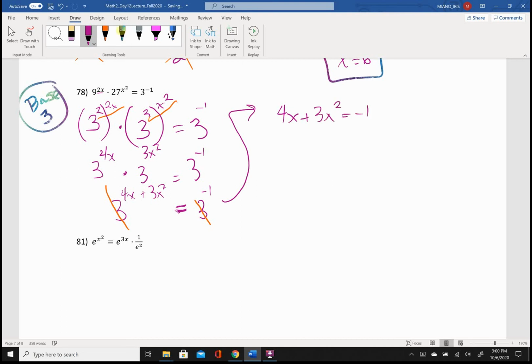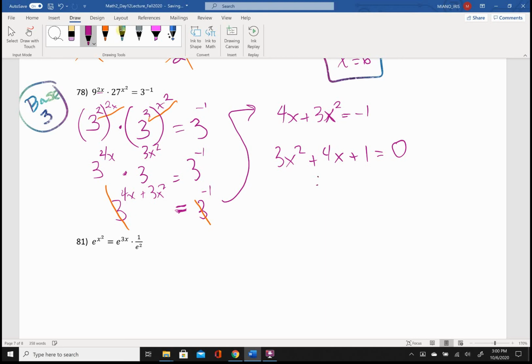Now I know what you're thinking. Oh God, can I have this x squared term as the leading term? Yes, of course. So go ahead and switch the positions of those and add 1 to both sides. So you'll get 3x squared plus 4x plus 1 equals 0. Now we have a quadratic equation set equal to 0, and we could certainly solve for that. So you can always opt for the quadratic formula, or if you notice that this can be factored, by all means do so.